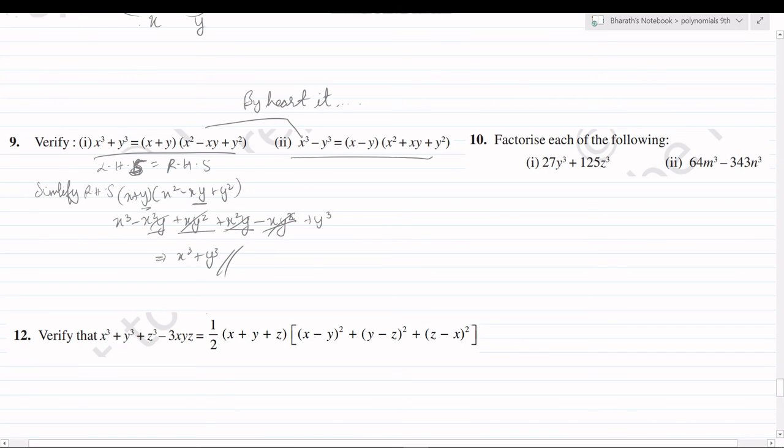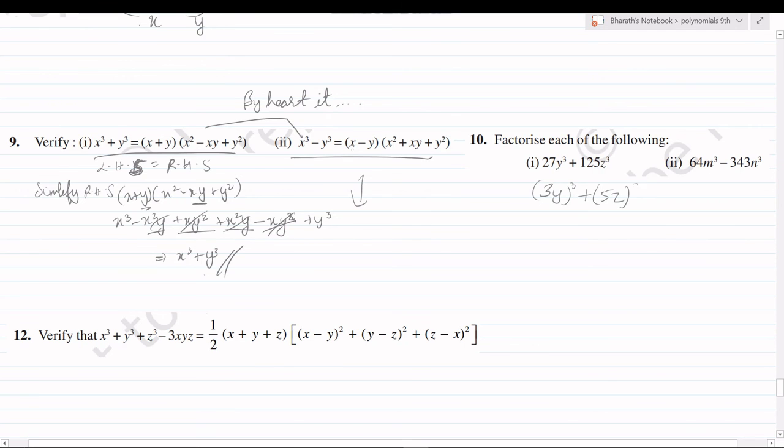So same way, substitute the x value in this whole expression and the y value in this whole expression, and you'll get the answer same like this. So the answer to the question: factorize this, same thing, 3y whole square whole cube plus 125 cube, whose cube root is 5.